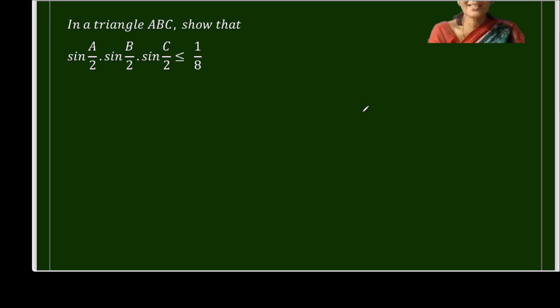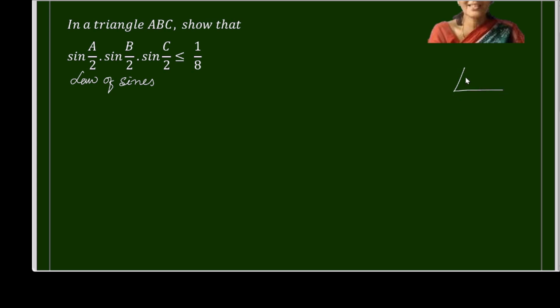So here, the first concept I will take is the law of sines. What is the law of sines?